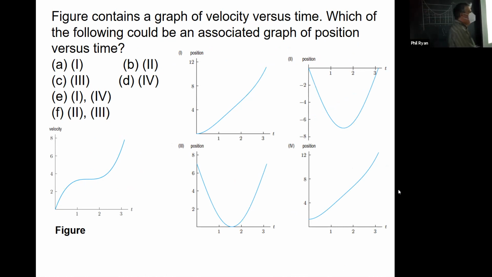Okay, here's a little bit of a different one. So here is a graph of velocity versus time. And here are 4 candidates for position versus time. So, which one of these could be the position for this?